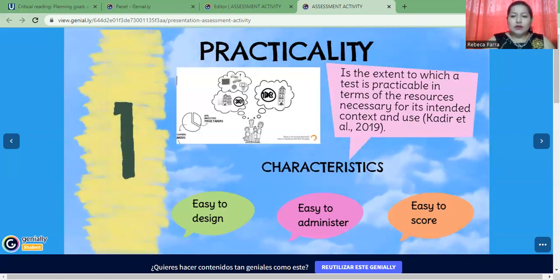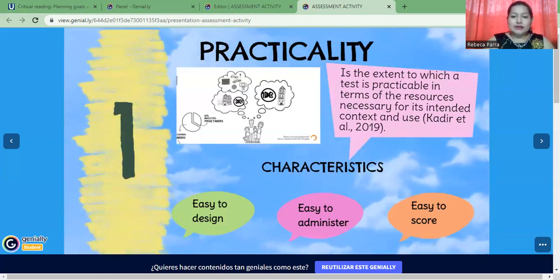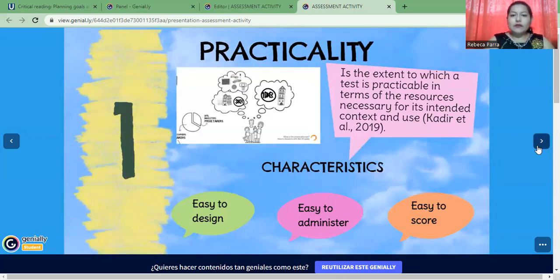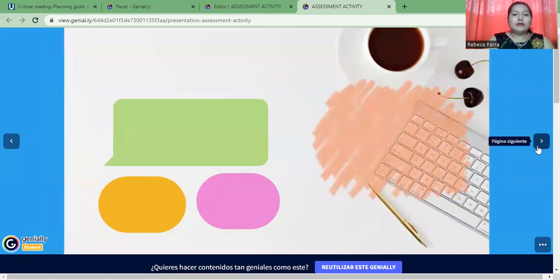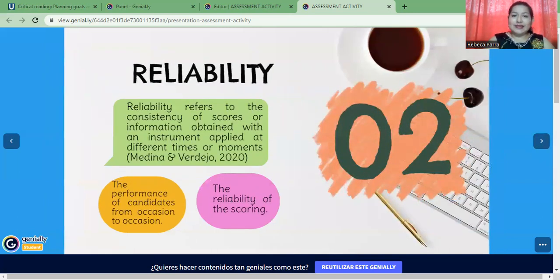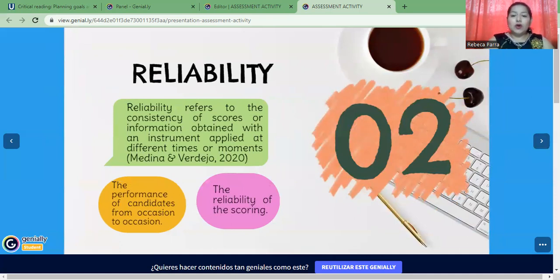Now, talking about the second principle, reliability. Reliability refers to the consistency of scores or information obtained with an instrument applied at different times or moments.